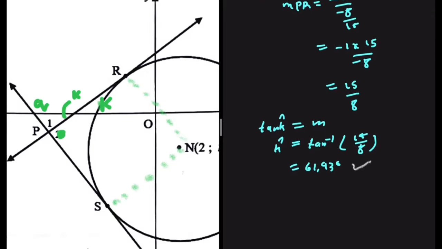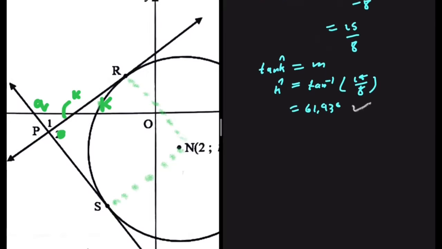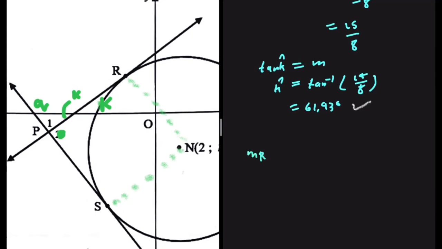Let's go ahead and find the size of angle Q. So the gradient of PS will be equal to minus 1 divided by the gradient of NS. The gradient of NS is 8 divided by 15. So the gradient of PS will be minus 15 divided by 8.